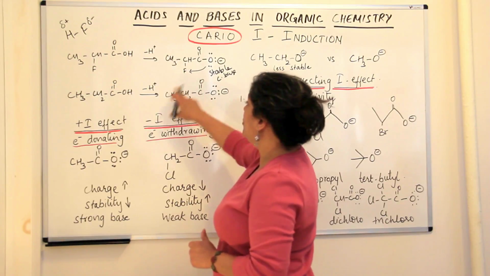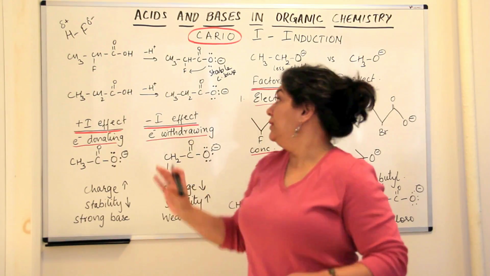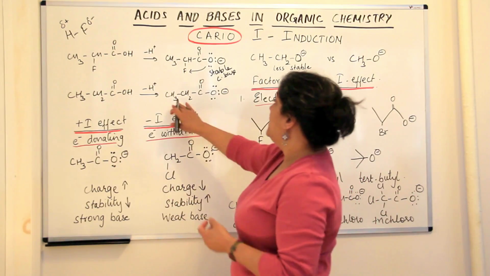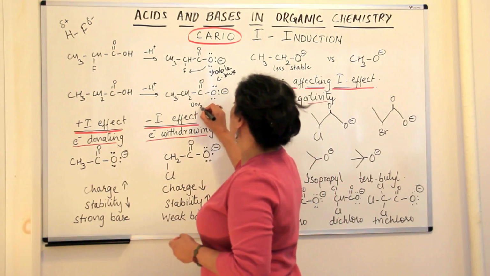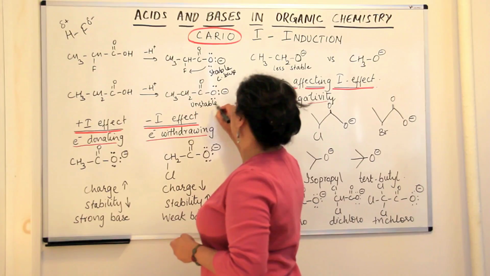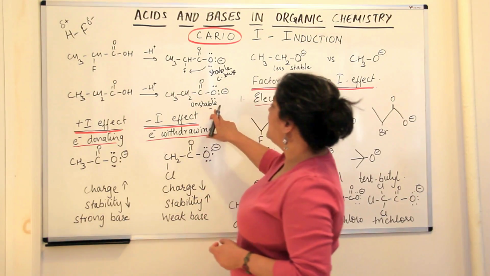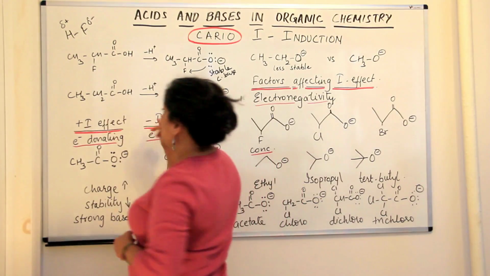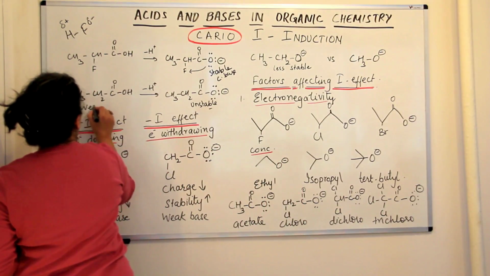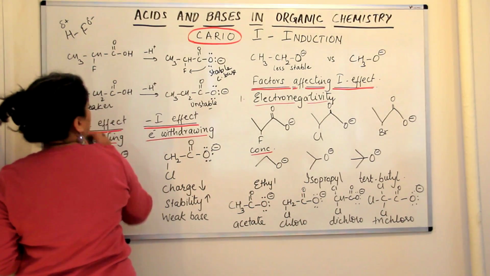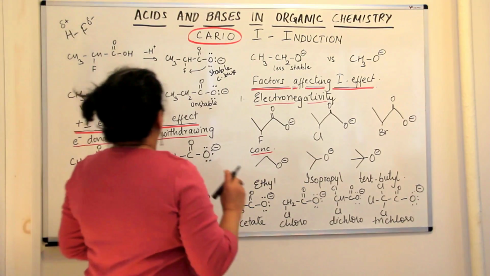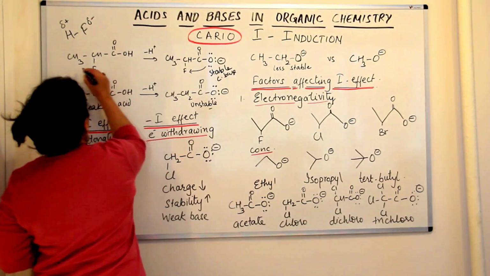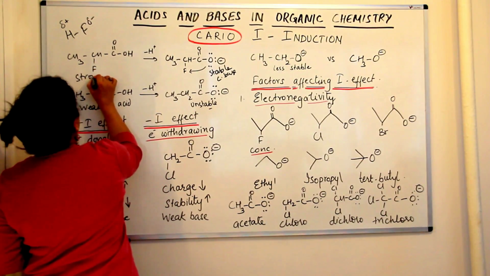So this one would be a more stable conjugate base. And this one, on the other hand, due to the ethyl group pushing the electrons rather than helping out, is the unstable conjugate base. And since this is the unstable base, this acid, according to stability, is a weaker acid, and this is the stronger acid.